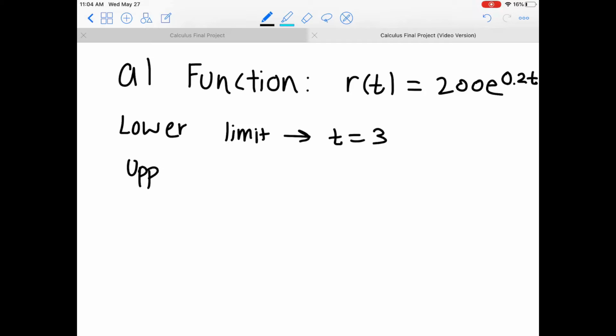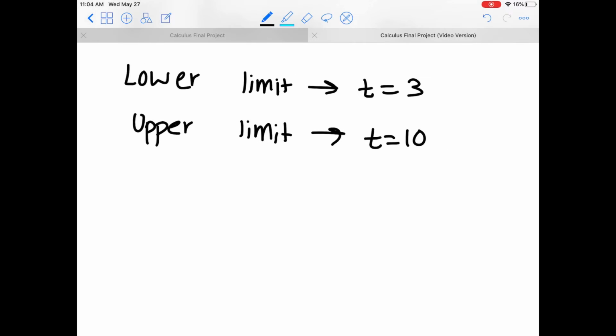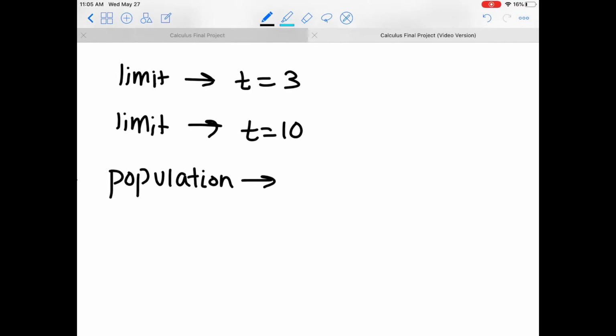And our upper limit, we're going to set at t equals 10, because it is asking for the city's population at t equals 10. Next, the last thing we know is the initial population, which is 1,400 people at t equals 3.